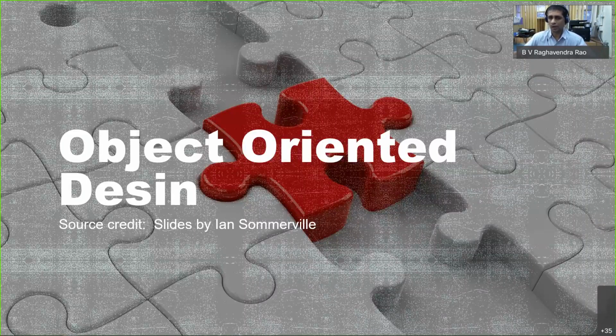But when you develop huge systems, particularly software systems, having object-oriented programming features alone is not enough. You need to think of your software design, or your software itself, in an object-oriented fashion.